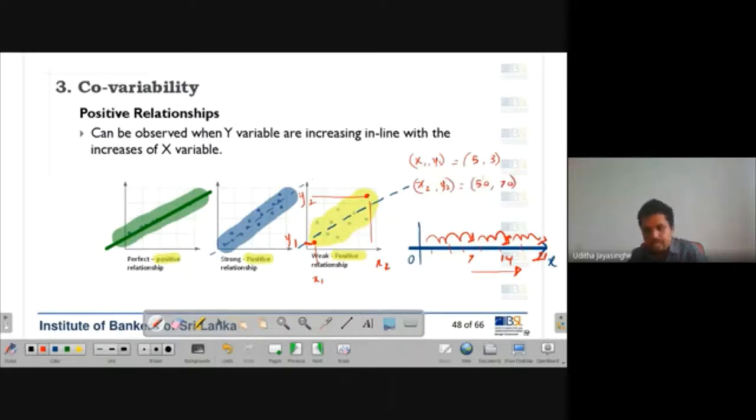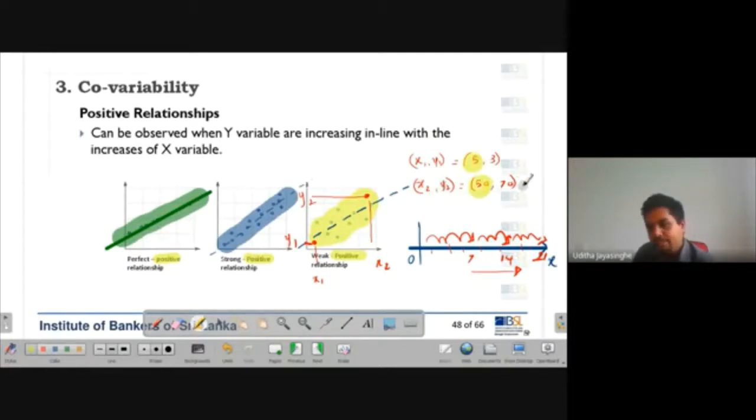I just plotted some fictional data points. X has increased from 5 to 50.